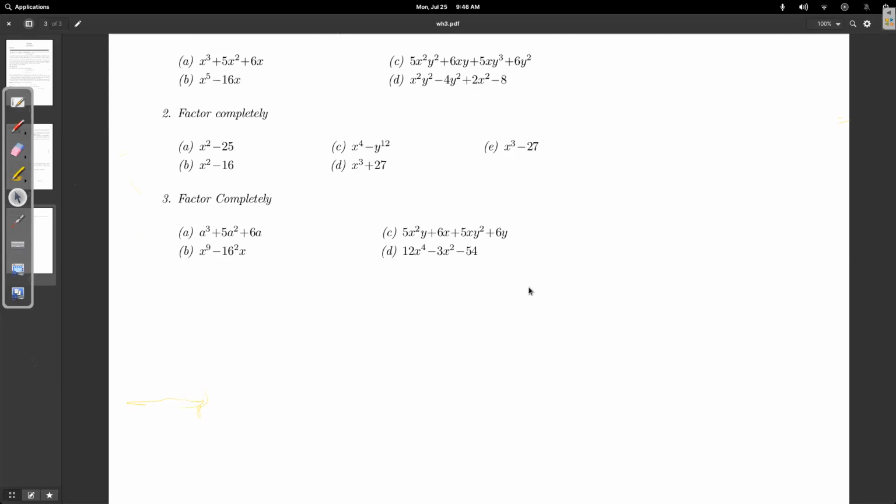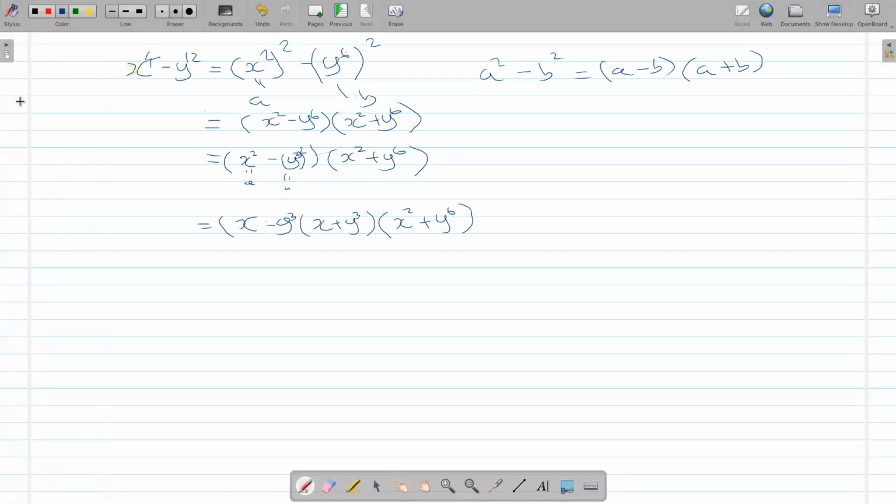First I can take a common factor, no? I wonder whether there is a typo in this one. Okay, 12x to the 4 minus 3x squared plus 54. I think 3 is common.